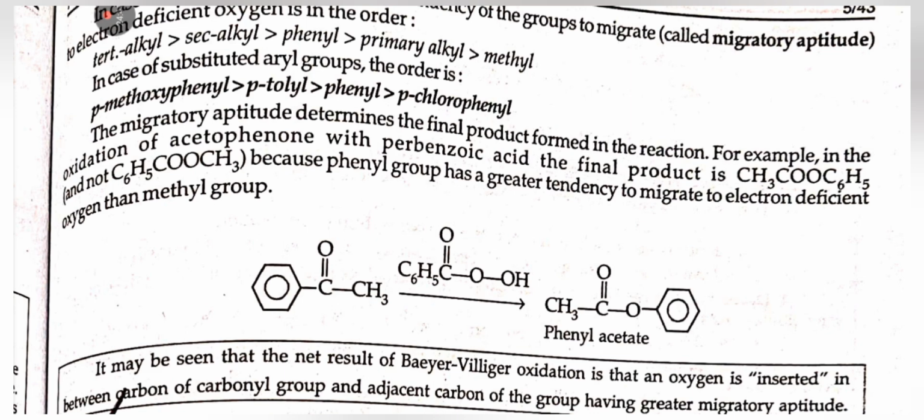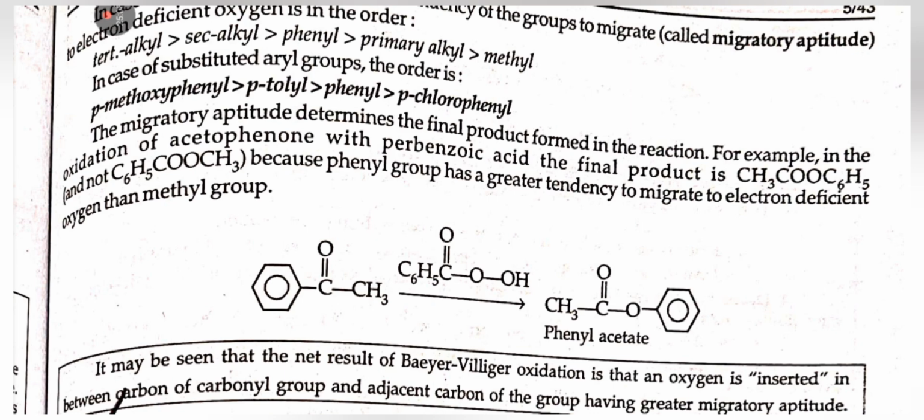The migratory aptitude determines the final product formed in the reaction. For example, in the oxidation of acetophenone with perbenzoic acid, the final product is CH3COOC6H5 because the phenyl group has greater tendency to migrate to electron deficient oxygen than the methyl group.